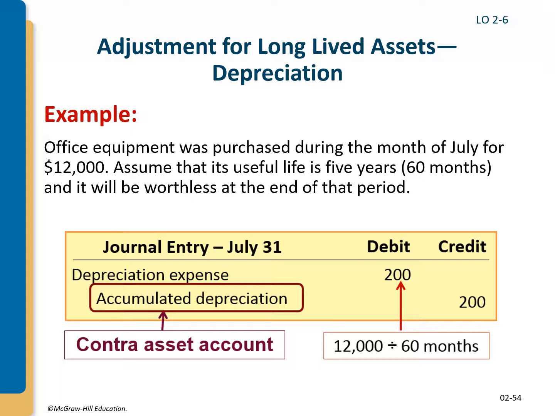In this case, accumulated depreciation's buddy would be office equipment. It's defining information about the office equipment, and its normal balance, the side it increases on, is opposite its buddy. So we would credit accumulated depreciation. So instead of crediting office equipment, which we just don't do, we decide to keep track of any amount we've expensed of the office equipment in this separate contra account.